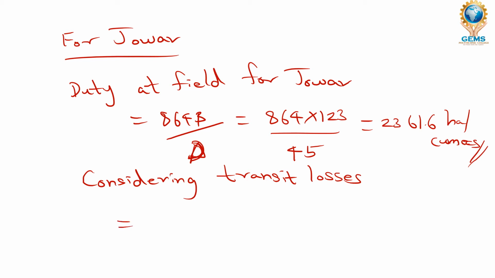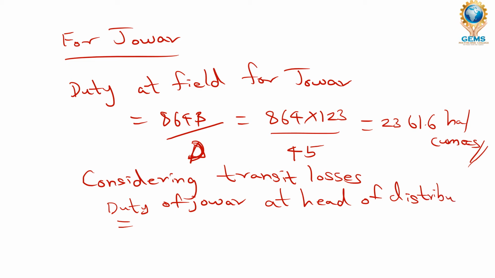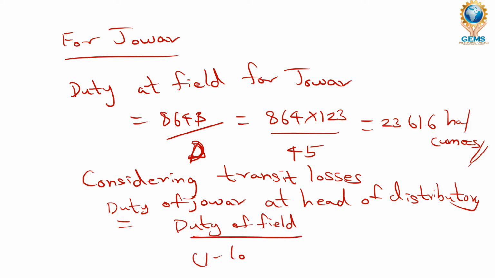The duty of jowar at head of distributary due to transit losses is duty at field divided by 1 minus losses. This is our formula for finding the duty of jowar. Kindly note the formula, it's very important. 2361.6 divided by 1 minus 0.2.